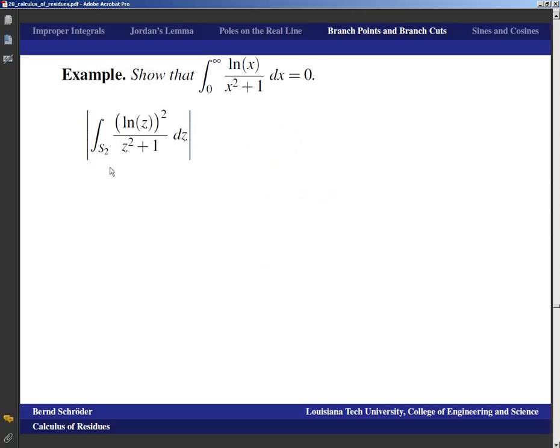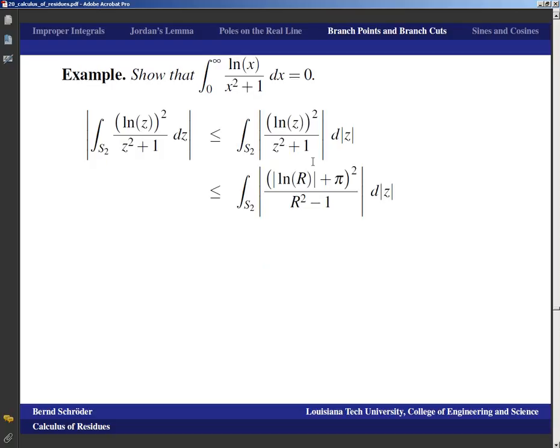Similarly, as we look at the larger circle, we do the same estimate. We pull the absolute value inside, and again the logarithm is less than ln r plus pi. And this time around, z squared plus 1, well, z has magnitude r, and the smallest that gets is r squared minus 1, which means that the reciprocal is at most 1 over r squared minus 1.